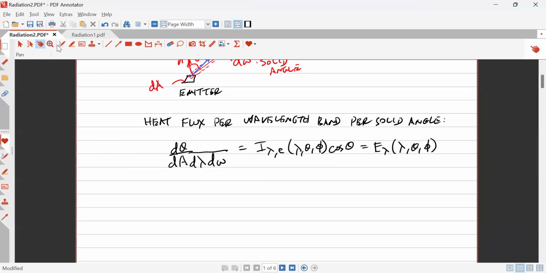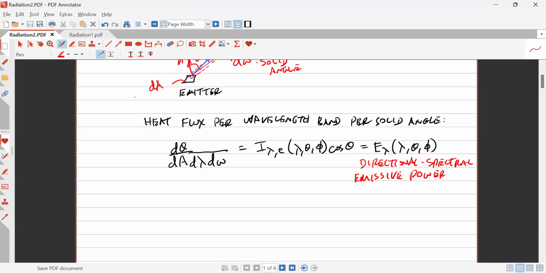And there's a name for this. This is called the directional spectral emissive power. So that brings about a few different new jargon, and that's what we're going to spend a lot of time on in this module.